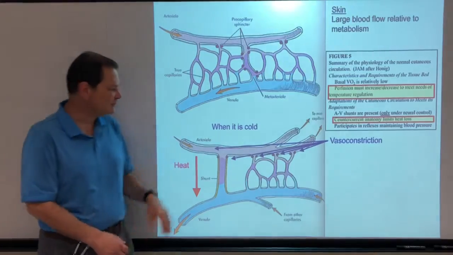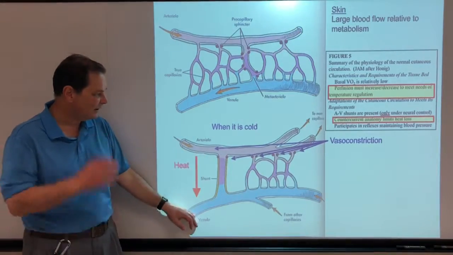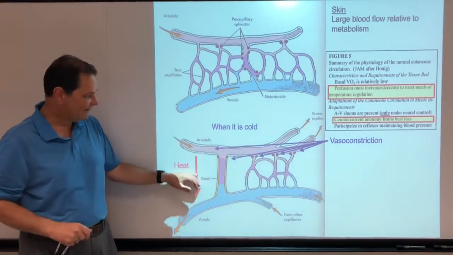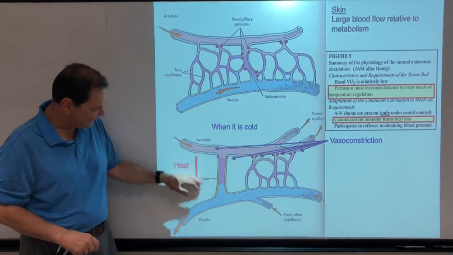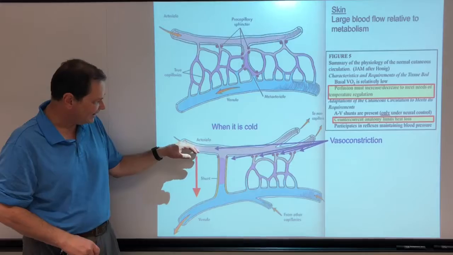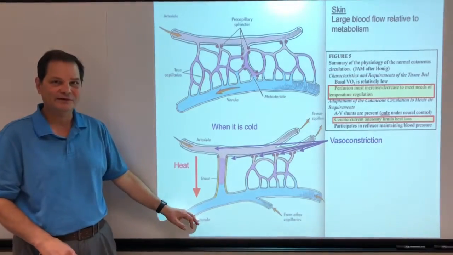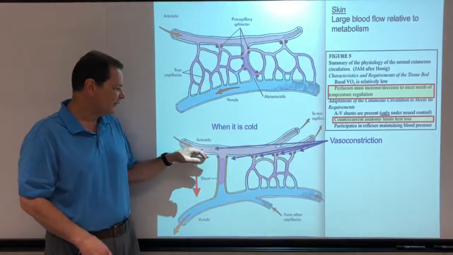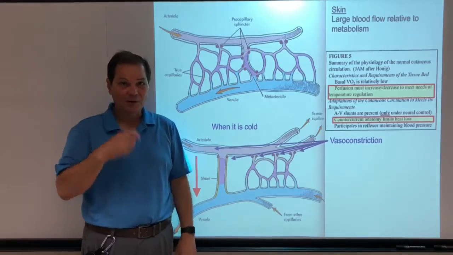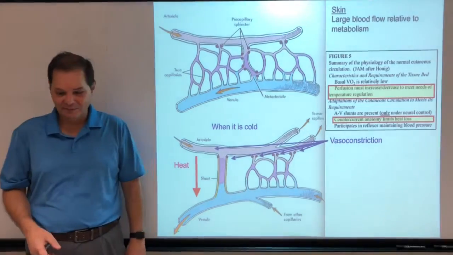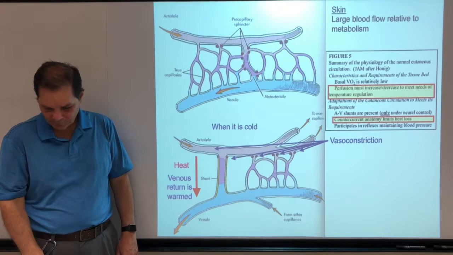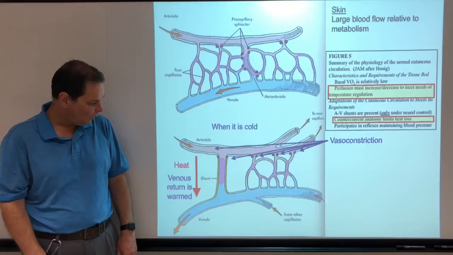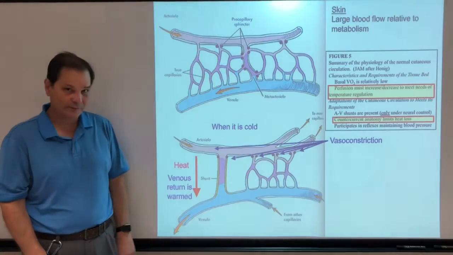And so what you do is you limit the exposure of the blood, the heat. You limit the amount of heat that you can lose at the surface by heat radiating from the arterial to the venule. And the venous blood becomes warmer, the arterial blood becomes colder, and so you conserve heat in the body, okay?